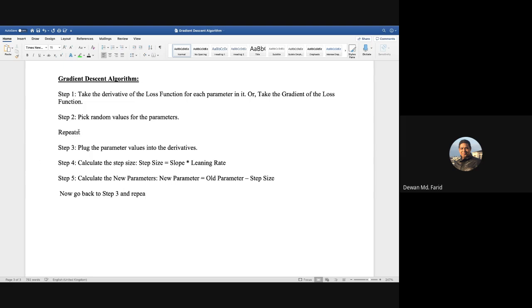Repeat until the step size is very small or we reach the maximum number of steps. Then this algorithm will terminate. So, any confusion, any questions?